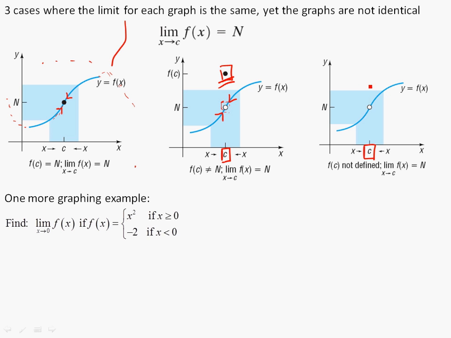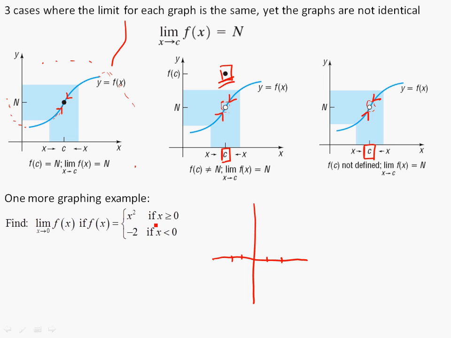Okay. So here, function's not defined at all, but as you approach C, from the left and from the right, you are still going to be at this point. We're still okay with that? Alright. And then the last one here is so that you understand that there is more in this world of limits other than what you have seen so far.